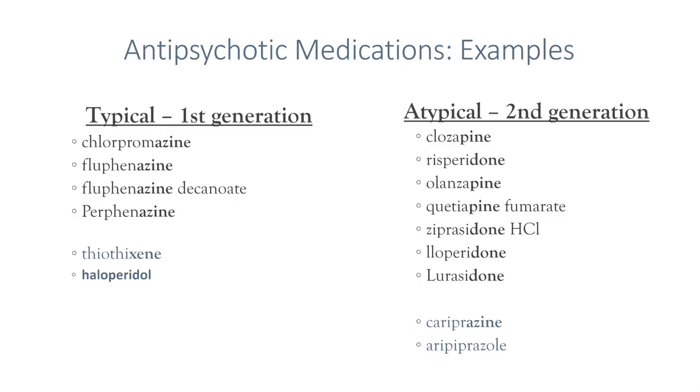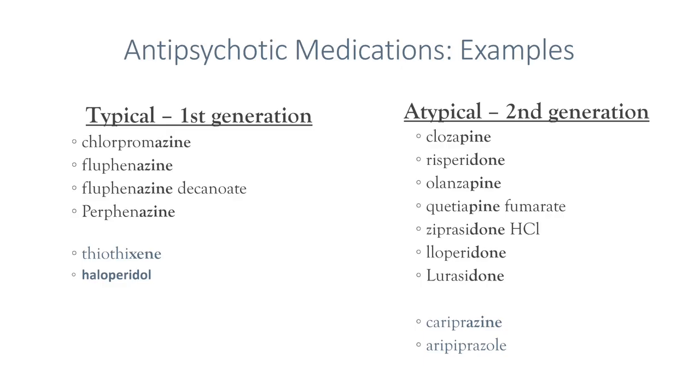So the first generation comes out, they're the zines, so azine, with the exception being thioridazine and haloperidol. So Haldol is a first generation antipsychotic. It's a typical first generation antipsychotic, and so are any of your zines. Atypical second generation antipsychotics are the pines and dones, like clozapine and risperidone.